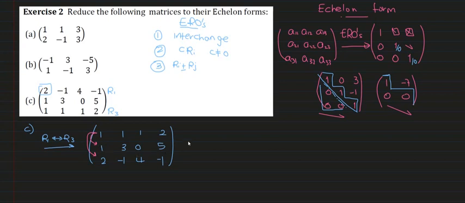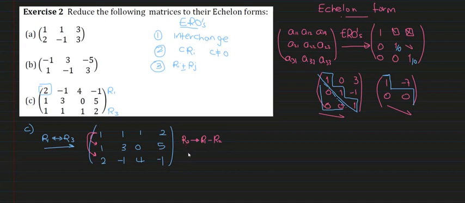So we might indicate that in row 2, what we are going to do is set row 1 plus minus row 2. Okay, we might also write it in a different form, which is easier.